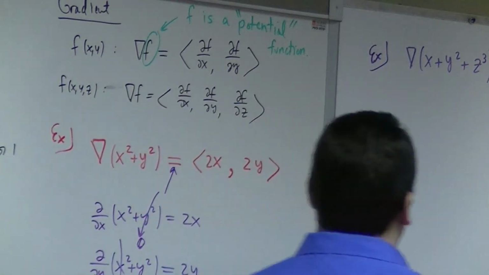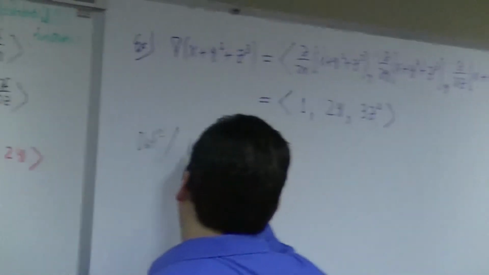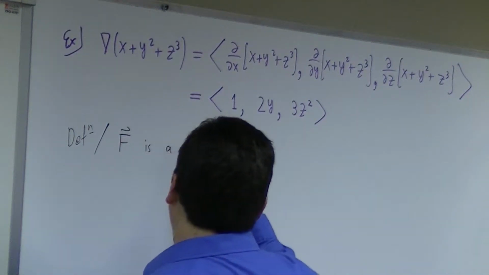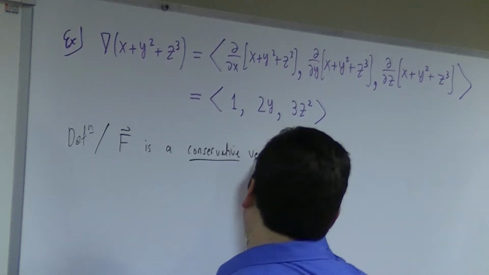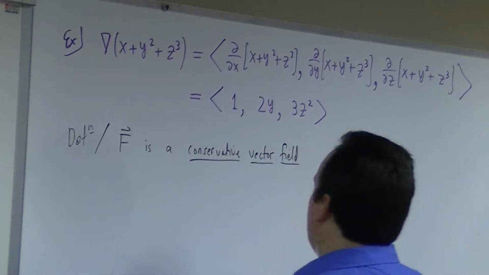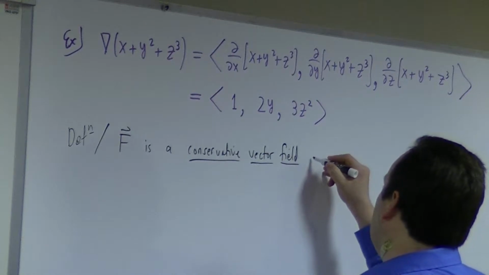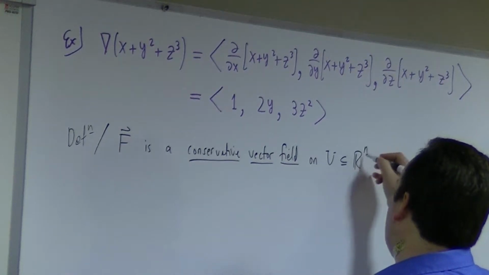For us, here's the definition. F is a conservative vector field, or just a conservative force, if you like, on some subset D of R^n.